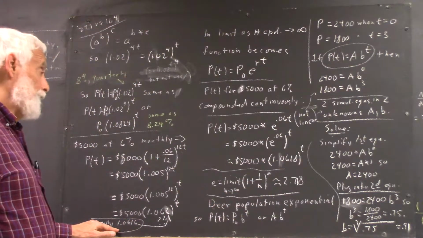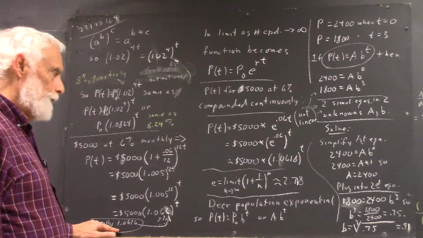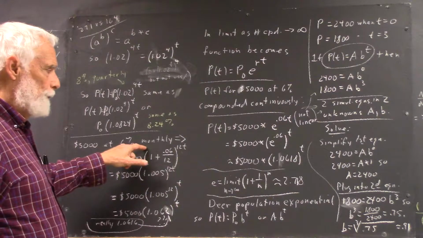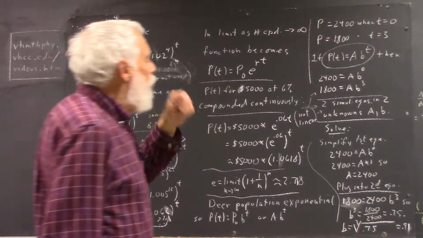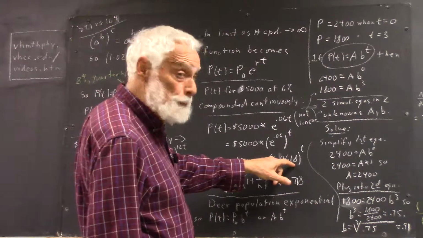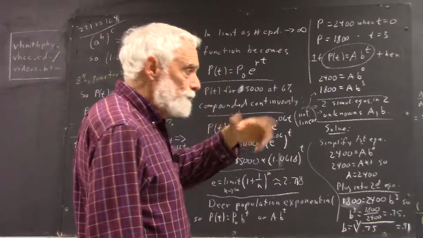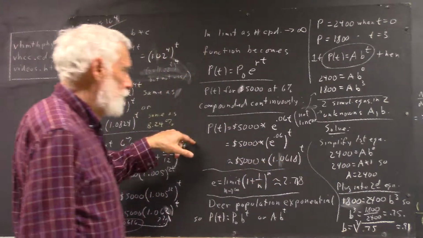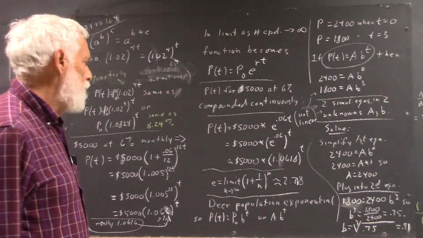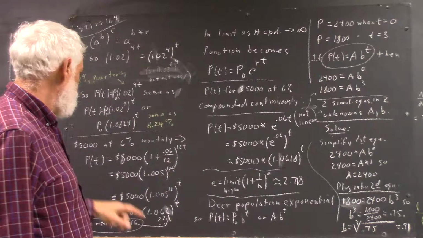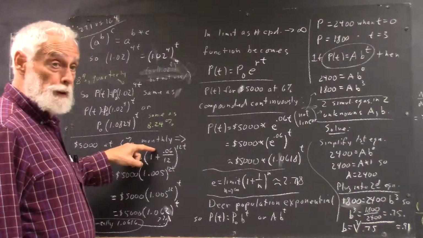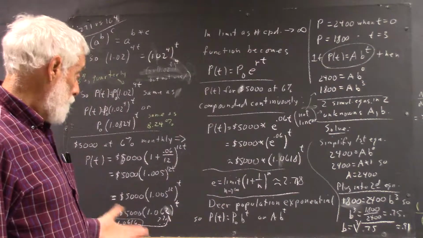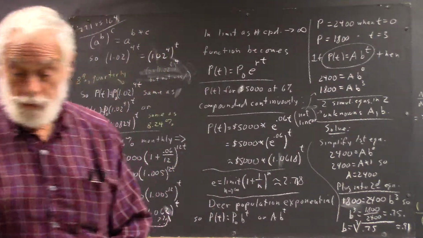But what you can see is the effective interest rate goes from 6.16% if you compound monthly to only 6.18%, about an extra 0.02% if you go to continuous compounding. So continuous compounding isn't that much of an advantage over monthly compounding. Still, take it if you can get it. Okay, well, there are a couple of applications that we'll talk about.